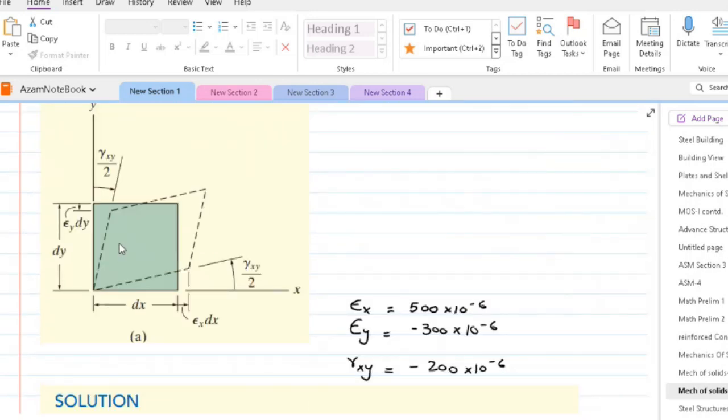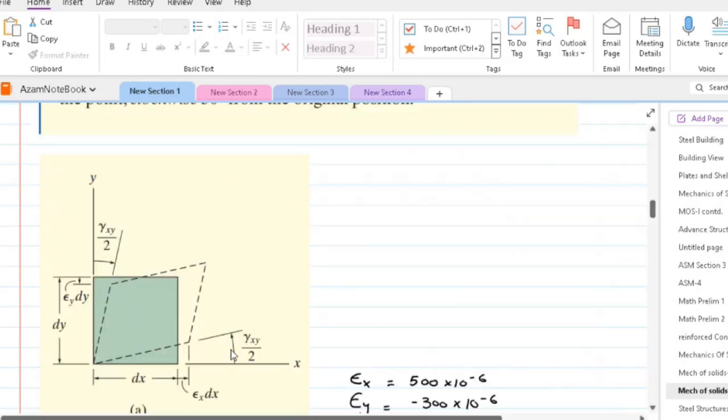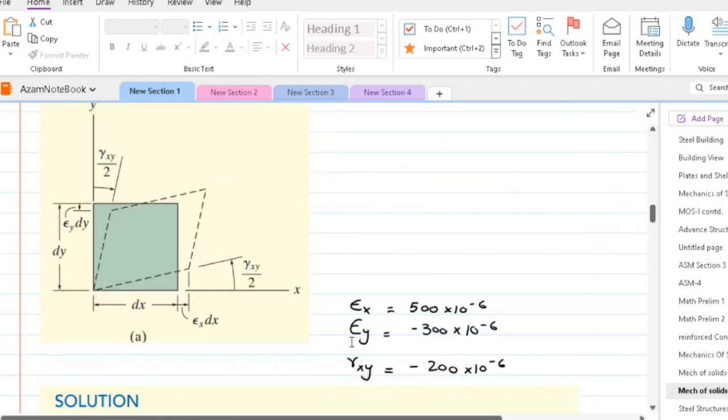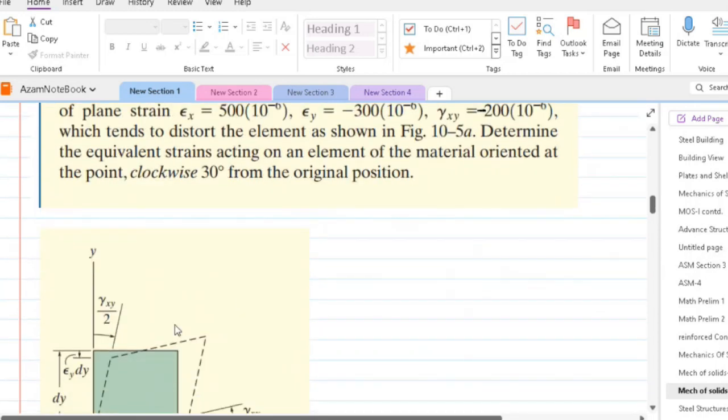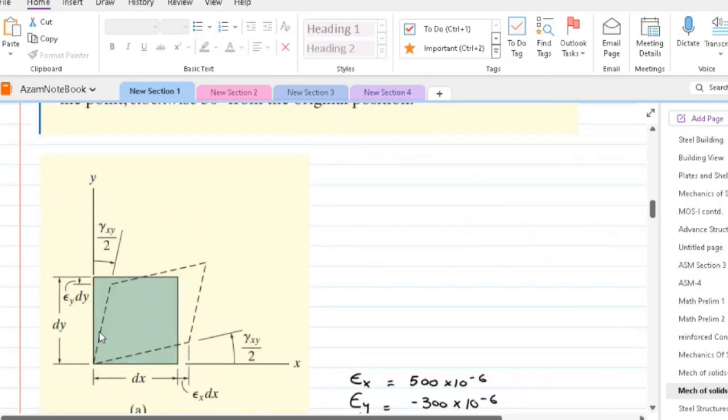So we can see that this element, which is defined in xy coordinate system, is subject to an extension of 500 into 10 raised to power minus 6 in horizontal direction and a compression of minus 300 into 10 raised to power minus 6 in the y direction. Gamma xy is minus 200 into 10 raised to power minus 6.